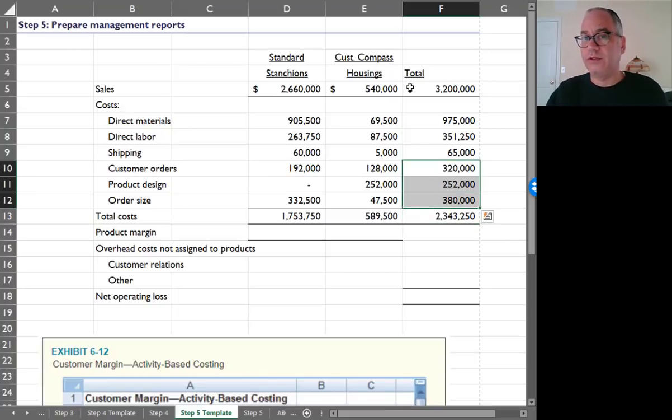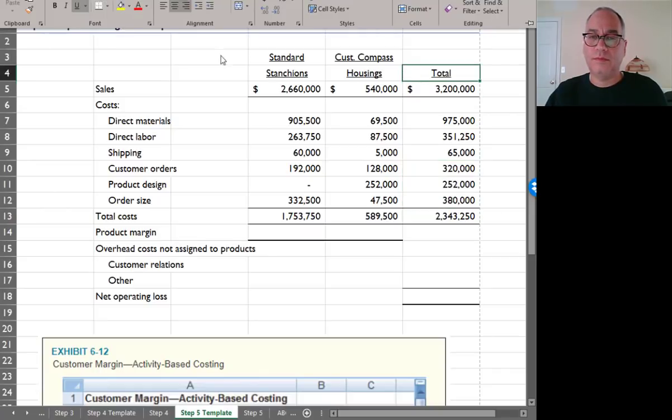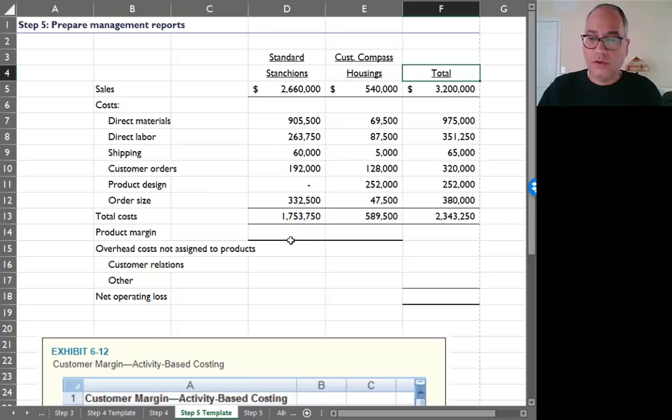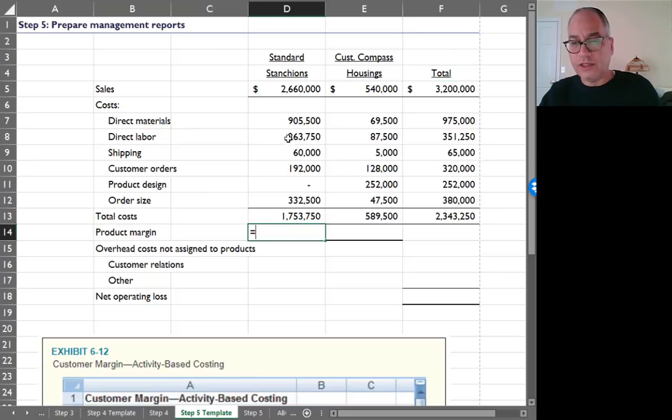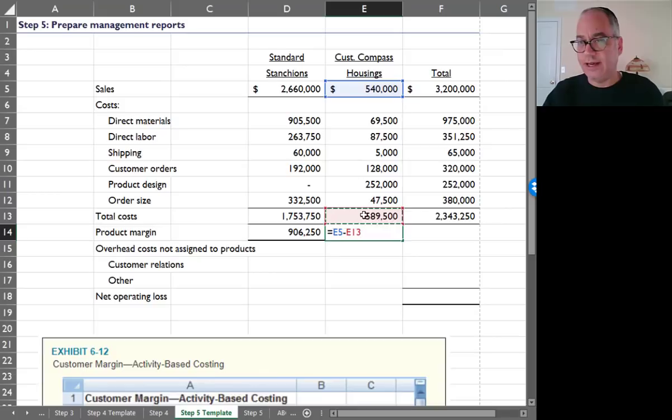I made a column for the totals. So the product margin for standard stanchions is $2,660,000 minus $1,753,750, or $906,250. $540,000 minus $589,500, and you should be like, wait, this doesn't look good.